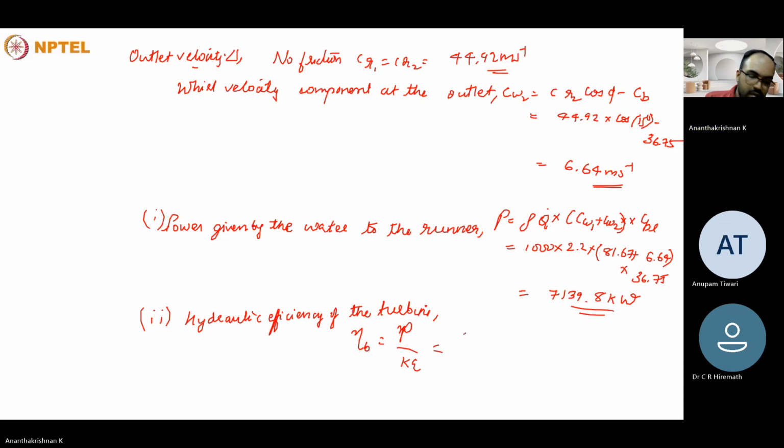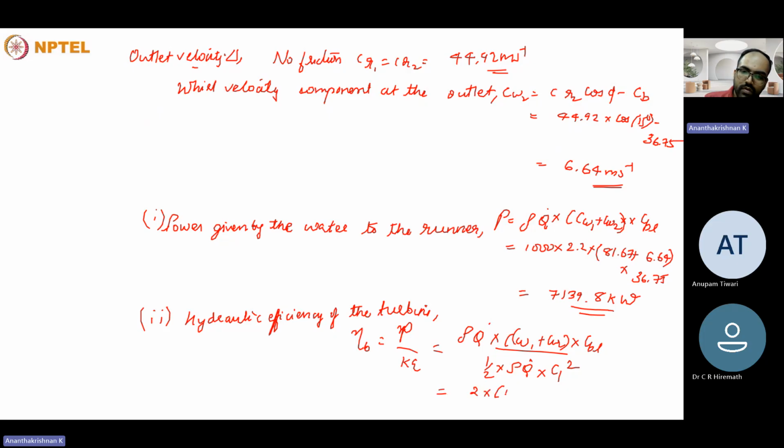So that will be rho Q dot into CW1 plus CW2 into C blade, divided by half into rho Q dot into C1 square. That is the actual velocity at the inlet. Just cancel the rho Q dot, that's the mass flow rate. That will give 2 into CW1 plus CW2 into C blade divided by C1 square. Substituting the components, we already know CW1, CW2, C blade, and C1 squared. So the answer will come to around 97.3%. So that solves the problem.